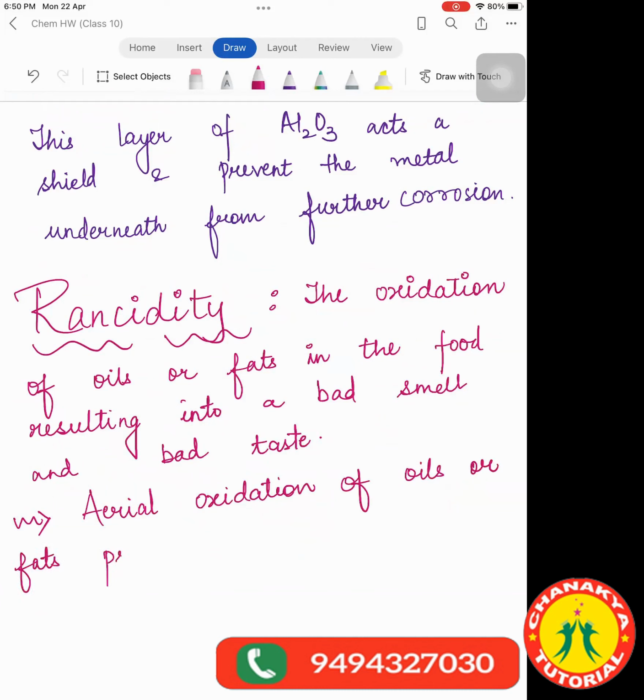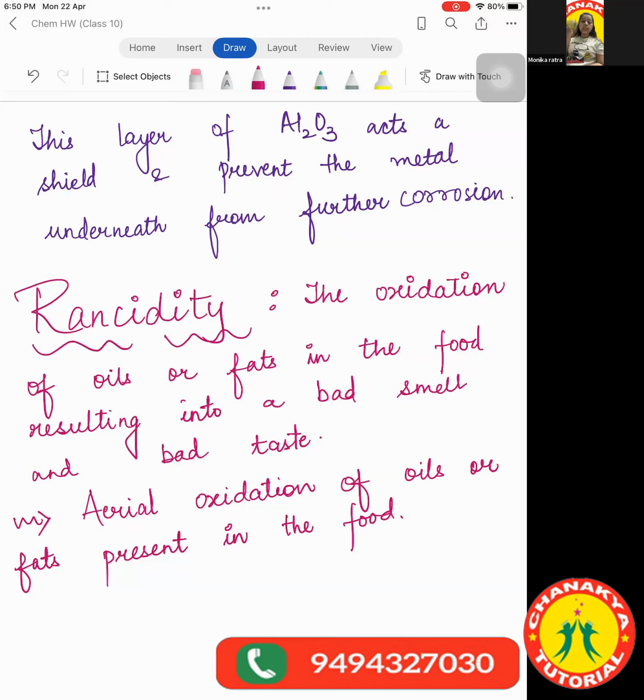Ma'am, I have a doubt. Yes, please ask. Ma'am, by applying oil, paint, and grease, we prevented the rusting, the oxidation of metals. But here it is oxidation of oils. No, these are not the oils which we spoke about in the prevention of rusting.